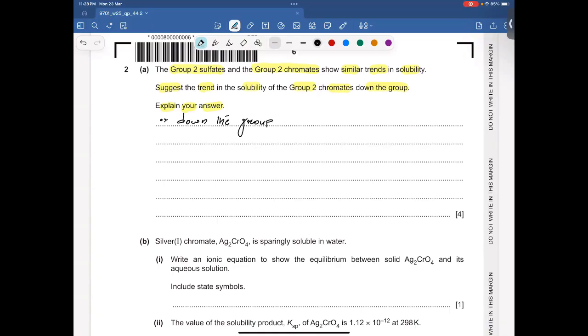Down the group, ionic radius increases. As a result, charge density decreases.